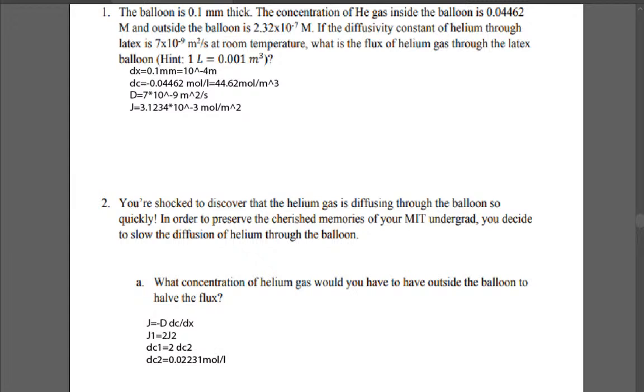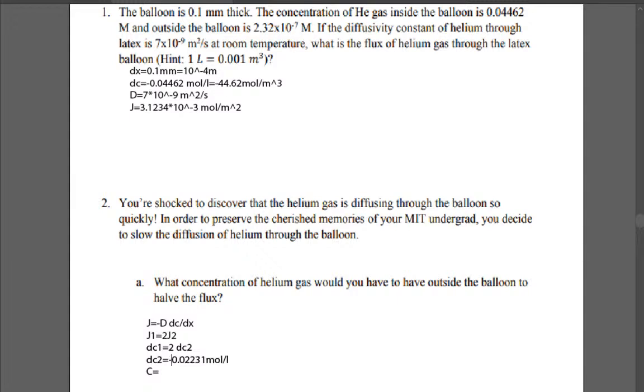And so we know that the concentration required would be the initial concentration minus the final concentration. Don't forget that this is a negative number.